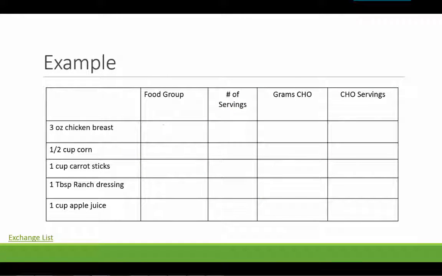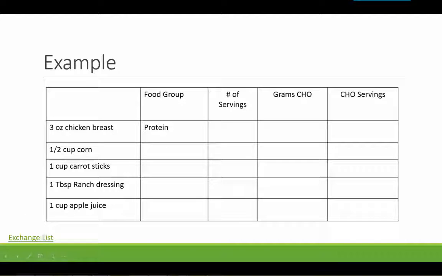So let's do an example of one meal. We'll start with the 3 ounces of chicken breast. So the first step, if you recall, was to figure out the food group. And each of the headings here represent the 4 steps to determine carbohydrate servings. So chicken breast, we know, is a protein source.